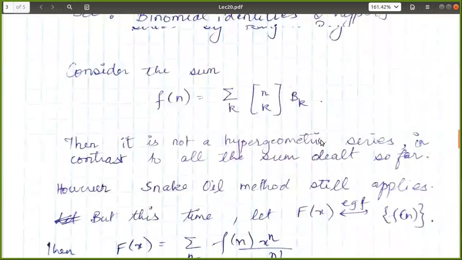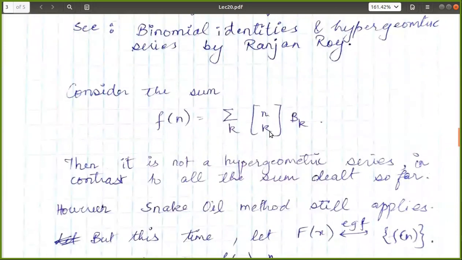Some particular formula for Fn is anyway known to us. That is what we started with. We want to simplify and find a closed form formula for Fn. So the generating function should be chosen cleverly enough so that the manipulations that we do, after interchanging the summations, the term should be nice enough to evaluate further.